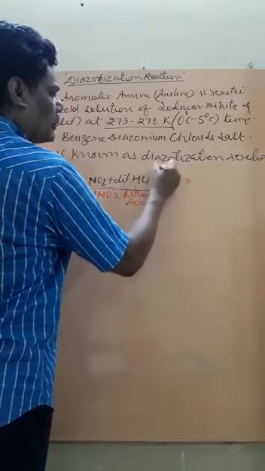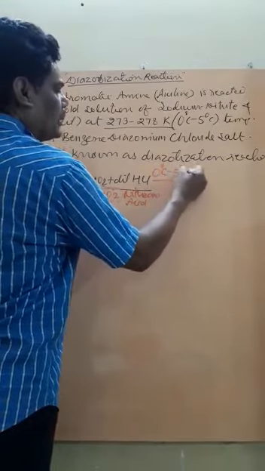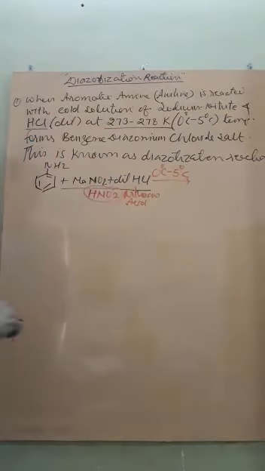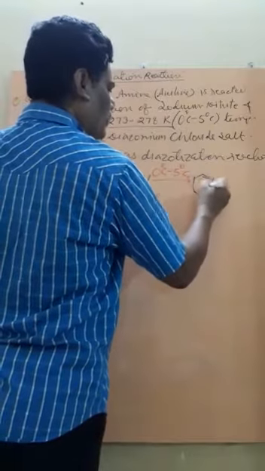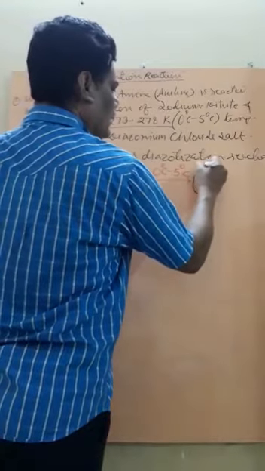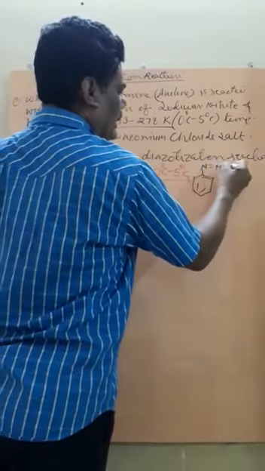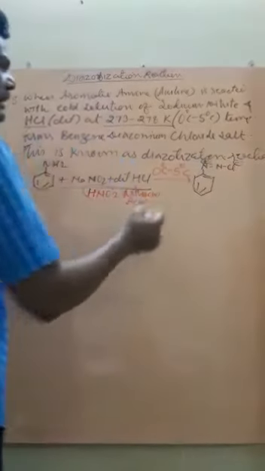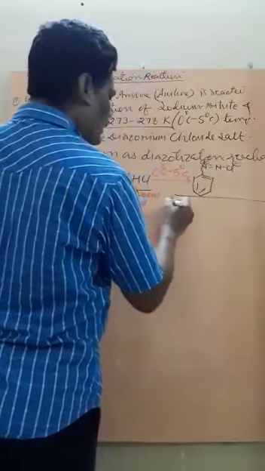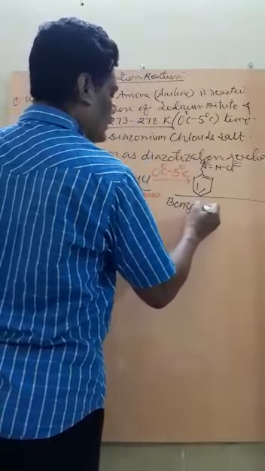The most important thing is the temperature, 0 degrees Celsius to 5 degrees Celsius. It forms benzene diazonium chloride salt. This is N double bond N, with plus and minus signs. This compound is called benzene diazonium chloride.